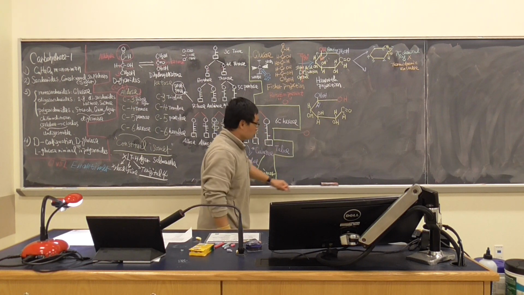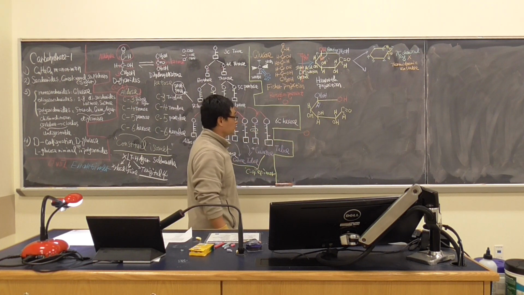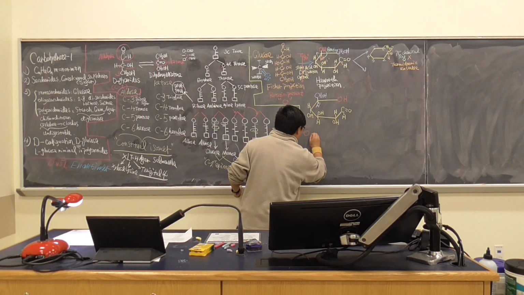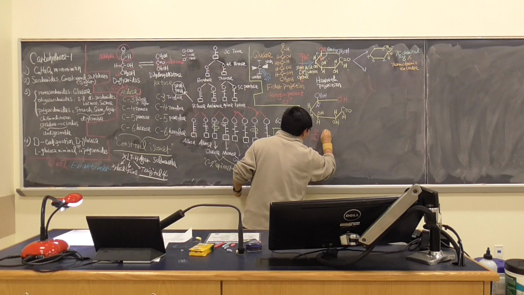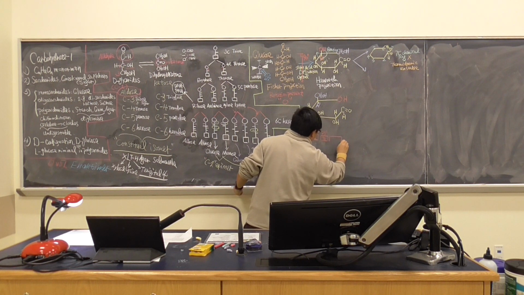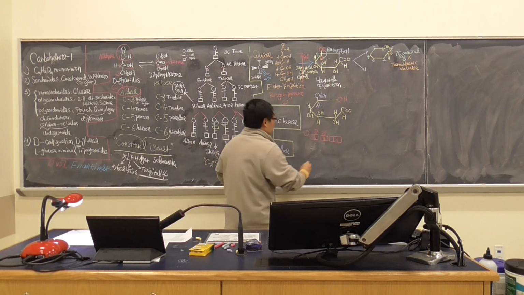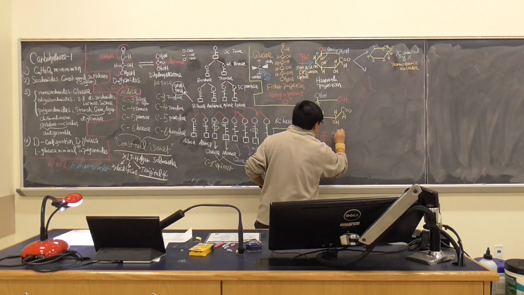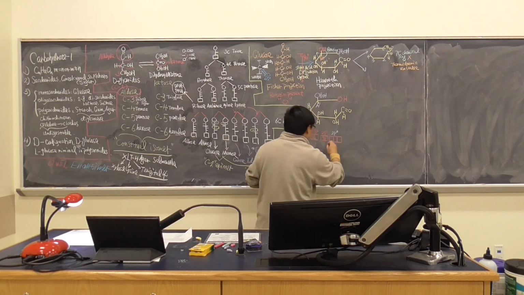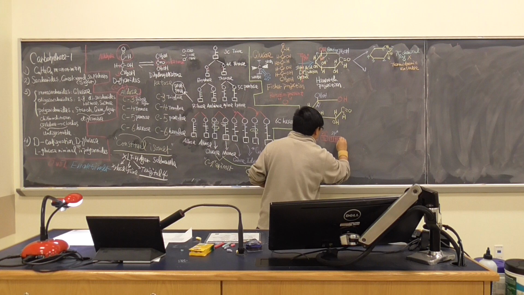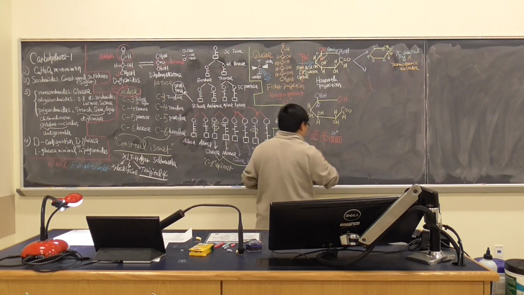Okay, let's review. What is the electron arrangement of the sublayer orbitals of O? That's why we want to talk about this. 1s2, up, down, 2s2, up, down. Then here, 2p4, so you have up, up, up, down.